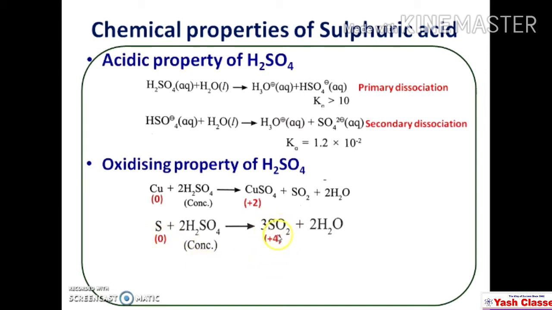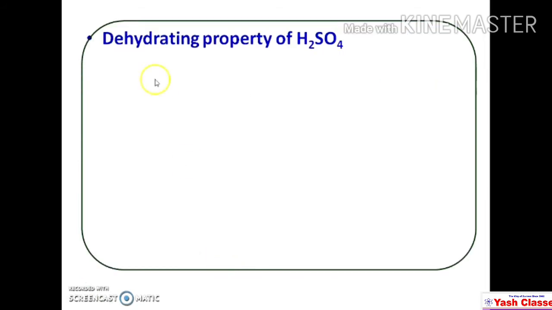Again there is an increase in the oxidation number of sulfur, hence sulfur is oxidized, and in this reaction, sulfuric acid acts as an oxidizing agent. Similarly, it oxidizes carbon. Sulfuric acid oxidizes carbon into carbon dioxide. Simultaneously, there is a formation of sulfur dioxide and water. Hence, sulfuric acid is a strong oxidizing agent, and it oxidizes metals as well as non-metals.